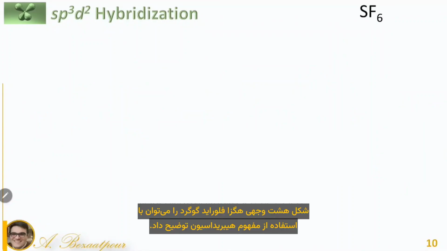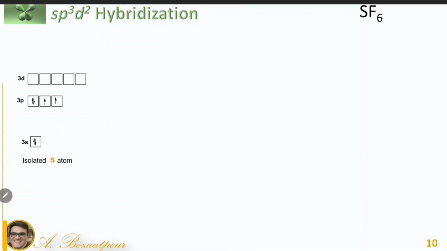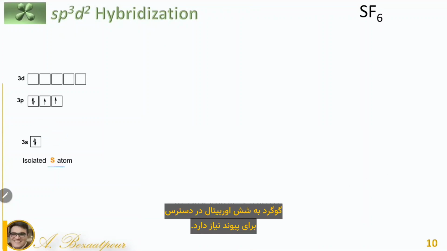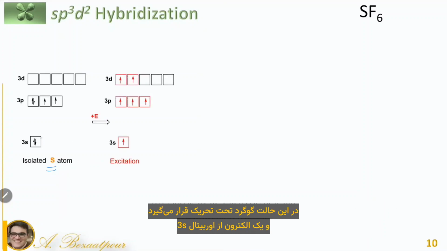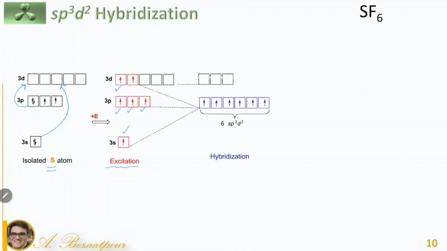The geometrical shape of sulfur hexafluoride can be explained using the concept of hybridization. To form bonds with 6 fluorine atoms, sulfur needs 6 orbitals available for bonding. In this case, sulfur undergoes excitation, and 1 electron of the 3s orbital and 1 electron of the 3p orbitals are excited to the 2 3d orbitals of the sulfur atom.